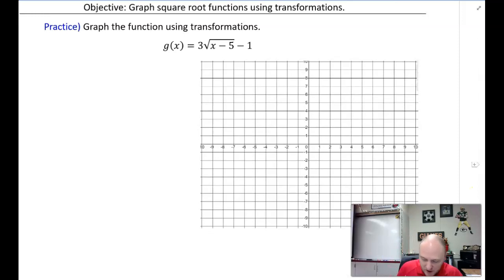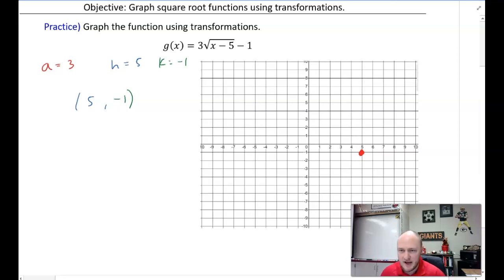All right, hopefully you paused this one and that you found out A was 3, H was 5, and K was -1. So that's going to give you an anchor point, 5, -1. So I would plot that first, 5, -1 right here. There's your anchor point. And then your A value is 3.